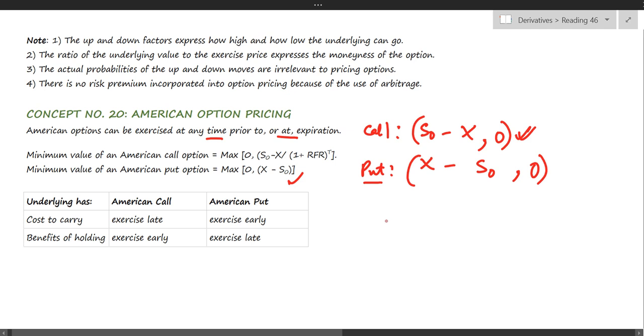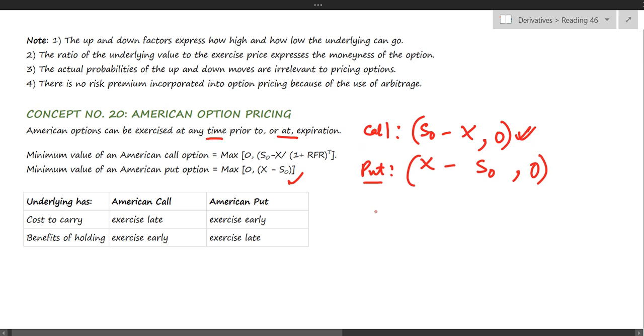However, we understand that a European option has to be cheaper than an American option, because in case of a European option, there is this rigidity that you cannot sell before expiry. But in case of American options, you get more flexibility and you can sell anytime you want.